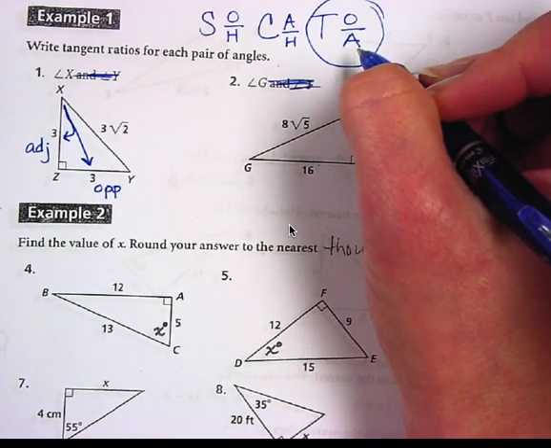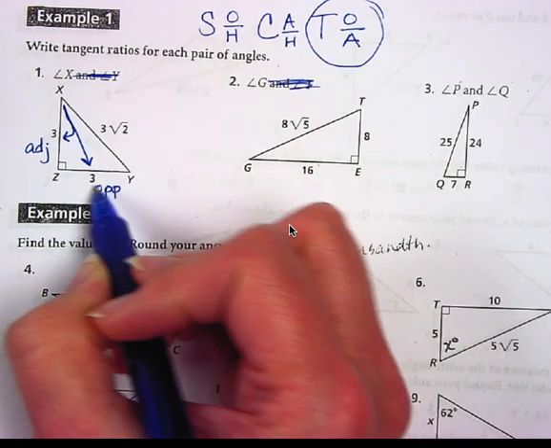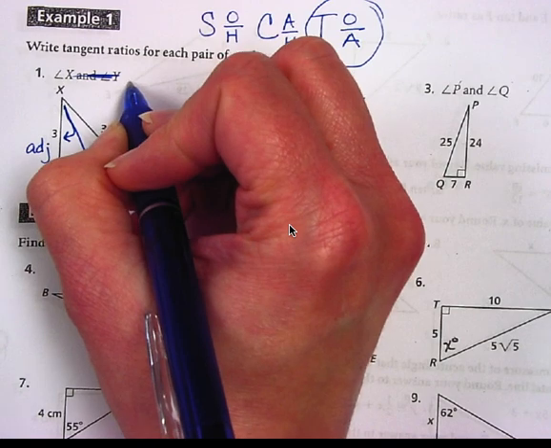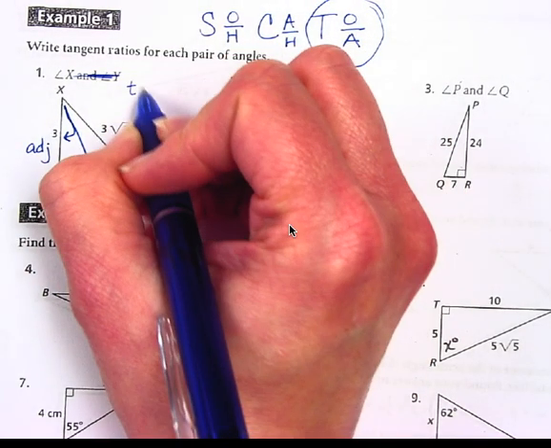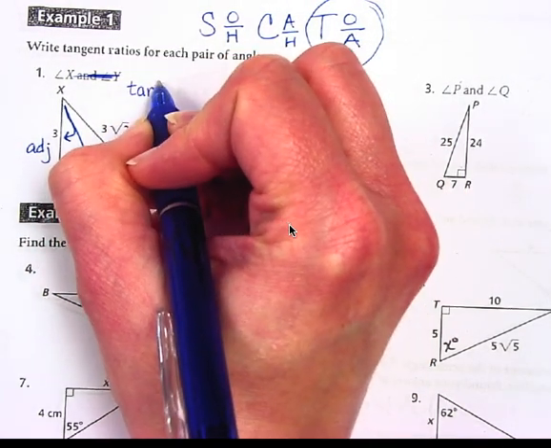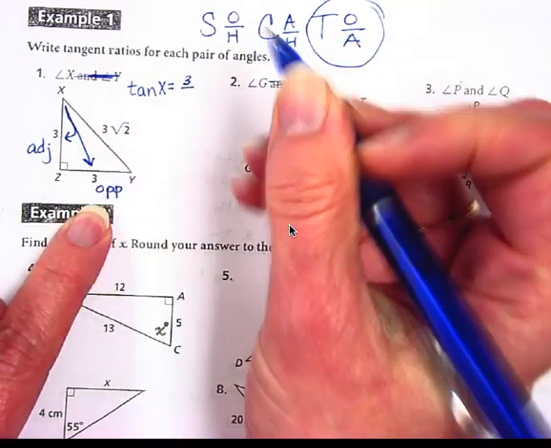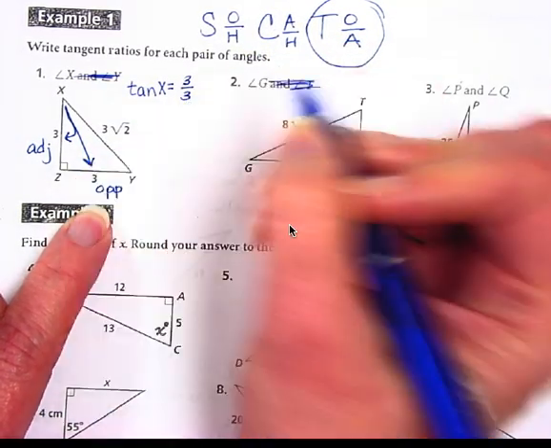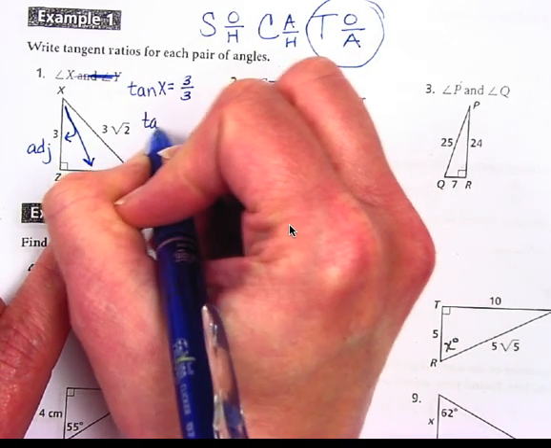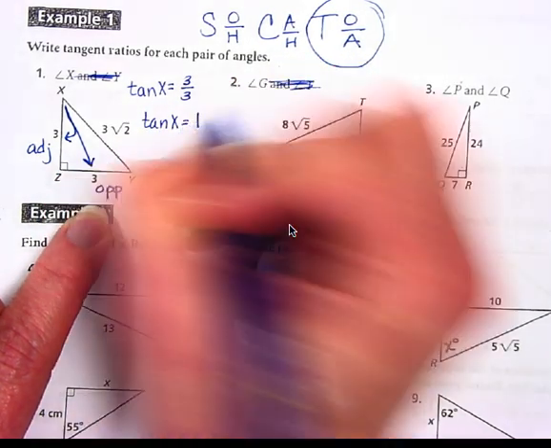Okay, that's all I'm worried about today. So opposite of angle, or of the vertex x. So tangent x equals opposite, which is 3, over adjacent, which is 3. So tangent of x is equal to 1.